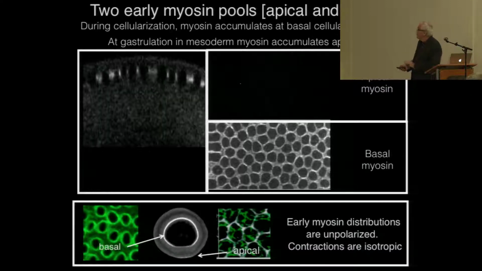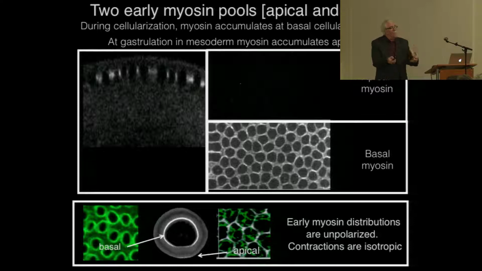I'd point out to you that in these early stages, the myosin distributions are structurally different basally. They're like interconnected rings, and apically it's a network. But in both cases, the myosin distributions are essentially unpolarized. That is, if you drive a contraction of a local area, the contraction will be isotropic in all directions.